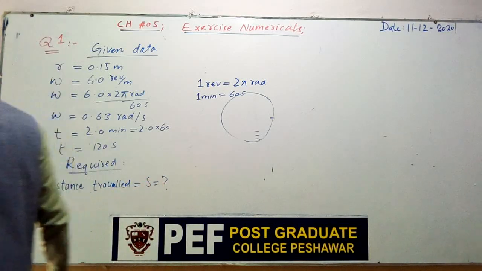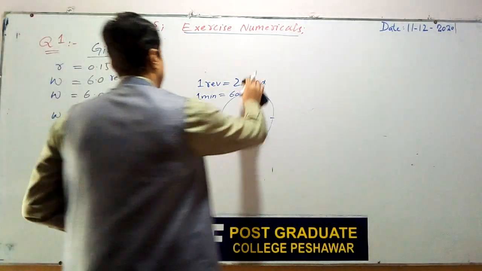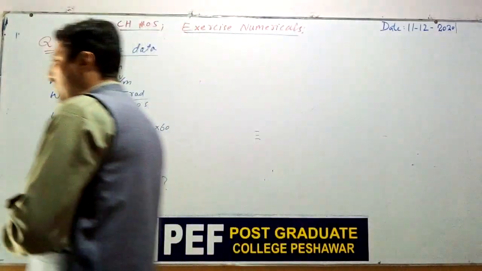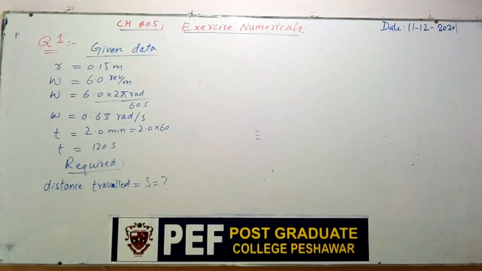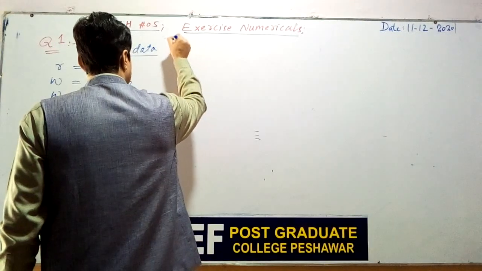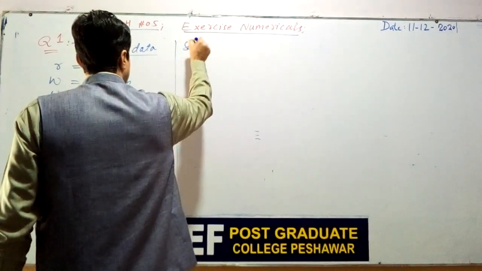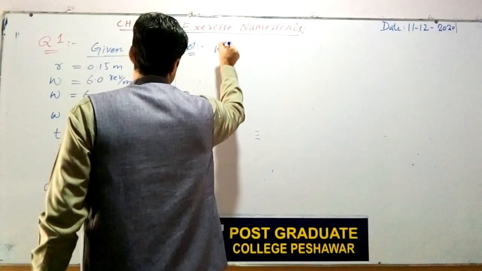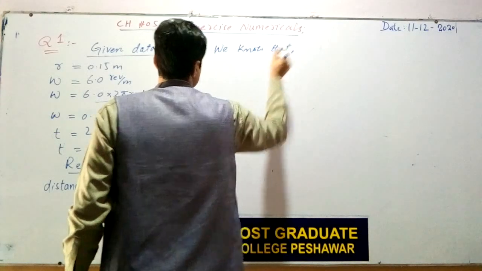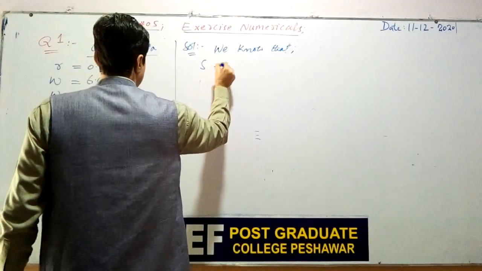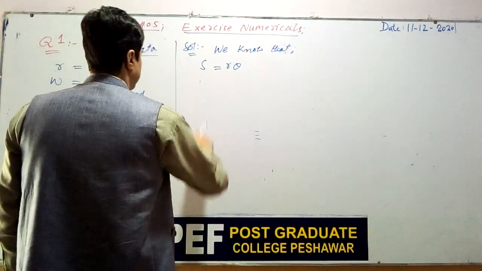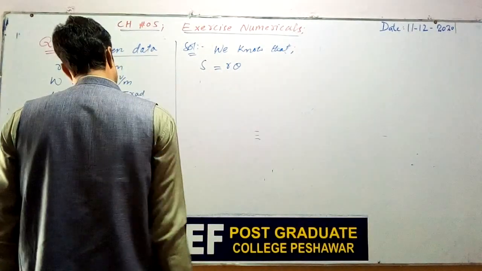We have to calculate the value of this distance traveled, S. Now how can we calculate? We know by a formula that S is equal to r theta. Yes student, the solution of this problem: we know that S is equal to r theta, which is the relationship between linear and angular displacement.